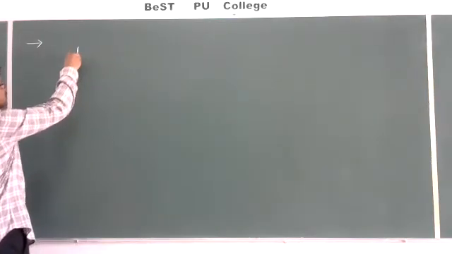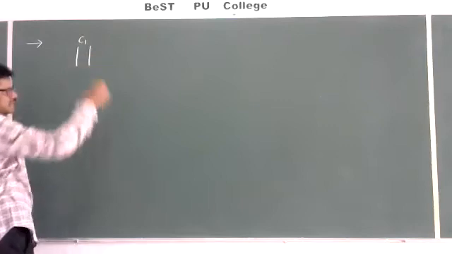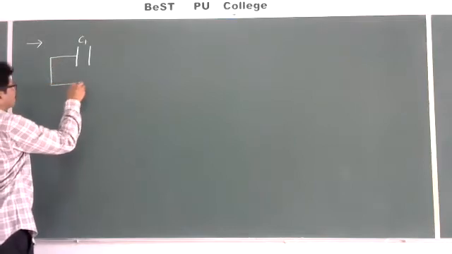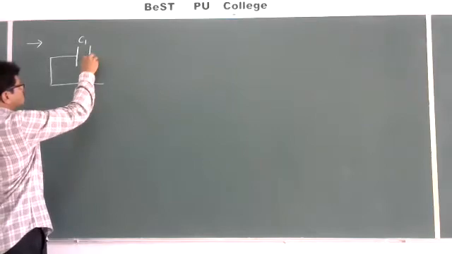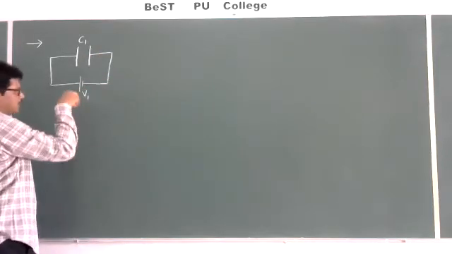Now I am considering an uncharged capacitor of capacitance C1. Now I want to charge it. In order to charge that capacitor, I am connecting a source of potential difference V1.